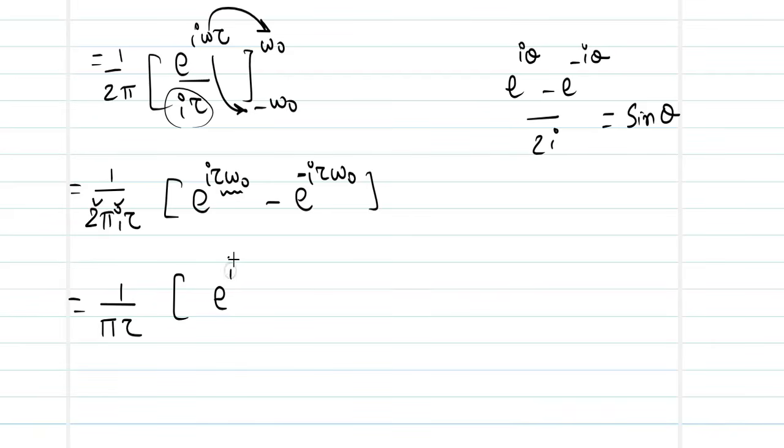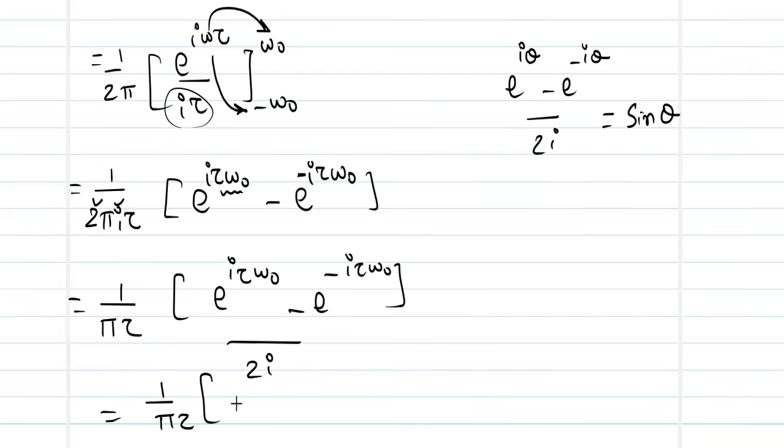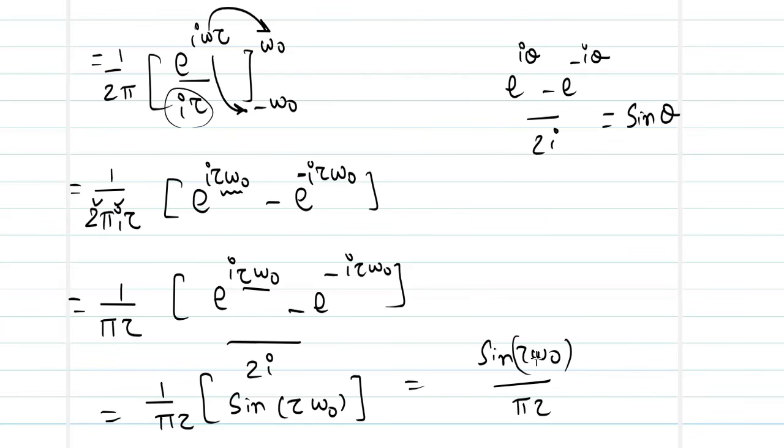So you have e power i tau omega naught minus e power minus i tau omega naught divided by 2i. So now I can replace this by sine of, in place of theta, tau omega naught. So sine of tau omega naught divided by pi tau is going to be my final answer.